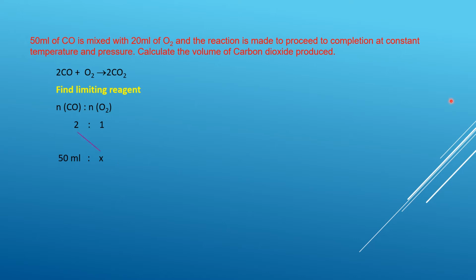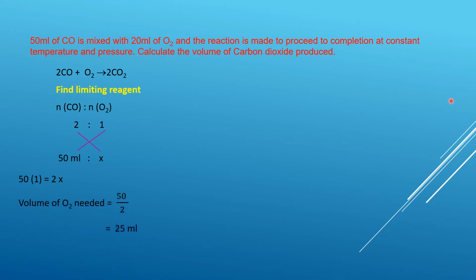Let's do the crossover method. According to the crossover method, the 2 is multiplied by x. So we have 2x equal to 50 ml multiplied by 1. So we have a ratio like this: 50 is equal to 2x. You find the value of x, which gives you the volume of oxygen required.